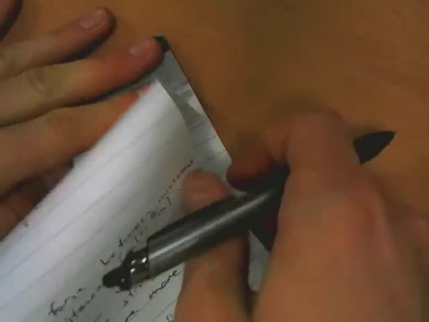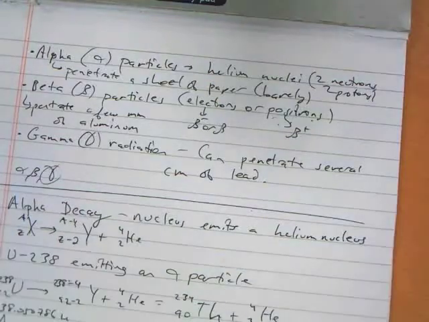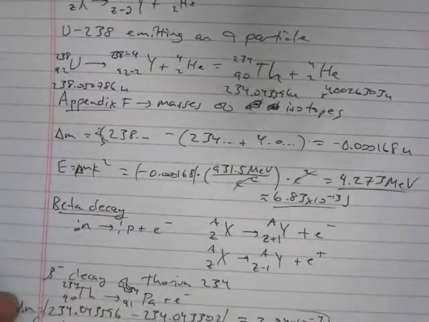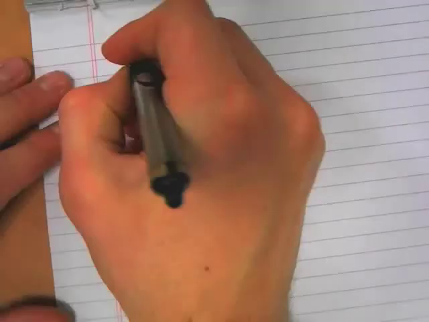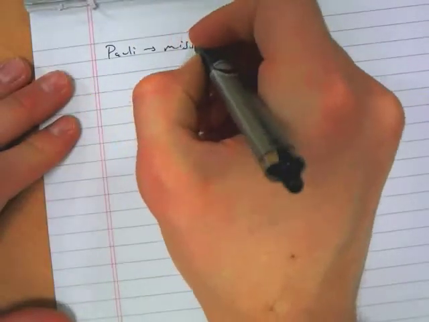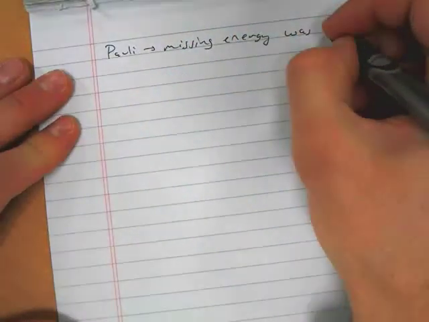So in 1930, this guy named Wolfgang Pauli. If you've done chemistry and looked at atomic structure, you may have heard of the Pauli exclusion principle. It's the same guy. But he proposed that this energy was going into some other particle. So Pauli said the missing energy was going to another particle.